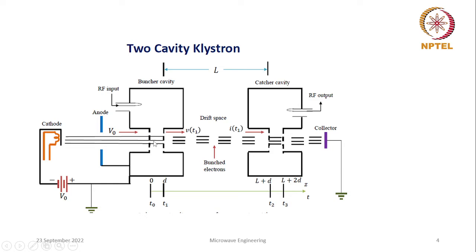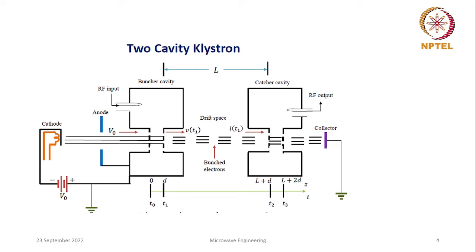Based on the RF signal's cycle, whether it is a positive cycle, a negative cycle, or a zero crossing, the electron velocity is going to change. That is velocity modulation. Because of this, there is a bunching of the electrons.